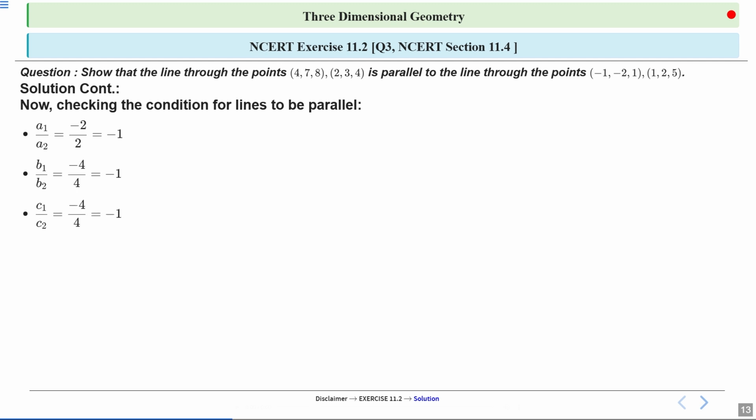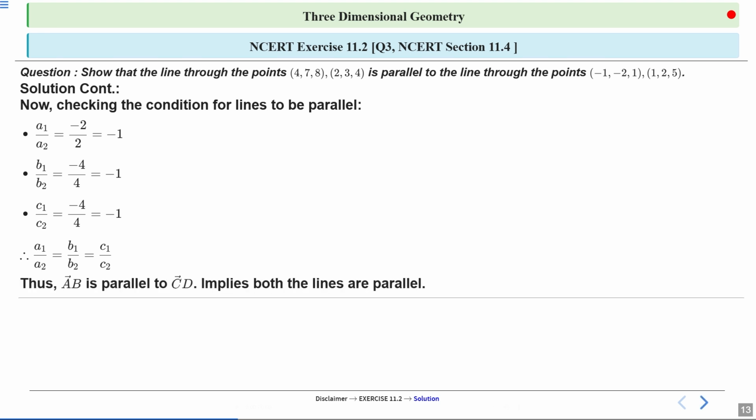The ratio of the z components is -4 over 4, which also equals -1. Since all three ratios are equal, we can say that the direction vectors are proportional. That means the lines are parallel. So line AB is parallel to line CD, which implies both the lines are parallel to each other.